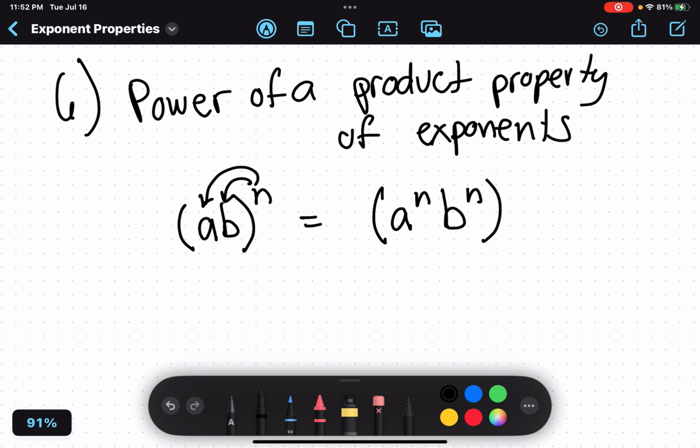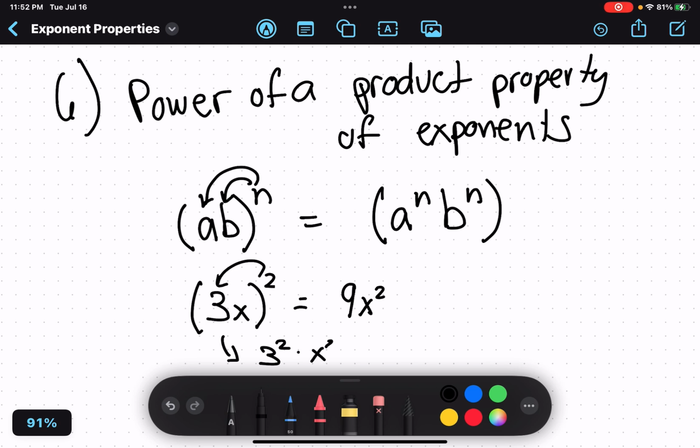So with a real number example, let's say we had 3x to the power of 2. It can also be rewritten as 9x squared, right? Because 3 to the power of 2 times x to the power of 2. 3 to the power of 2 is 9, x to the power of 2 is x squared, 9x squared.